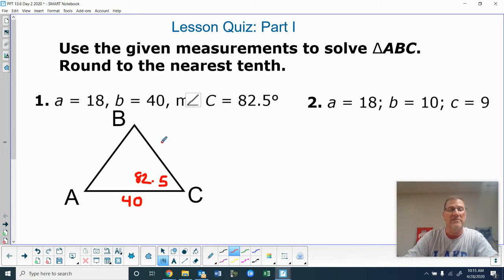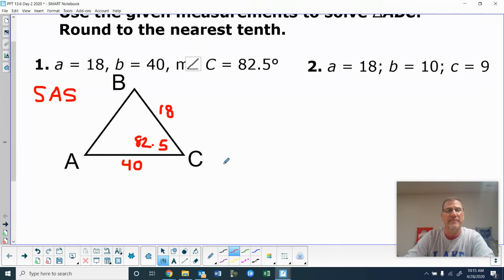And side A is 18 across from angle A. So there's our picture for this problem. It's a side angle side problem. And this is the one that we can just put all in our calculator. Since we have angle C, the only side I can figure out is side C.